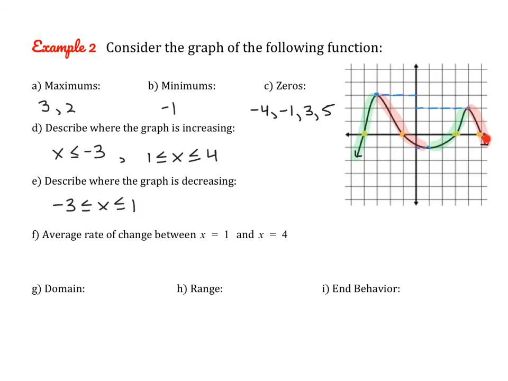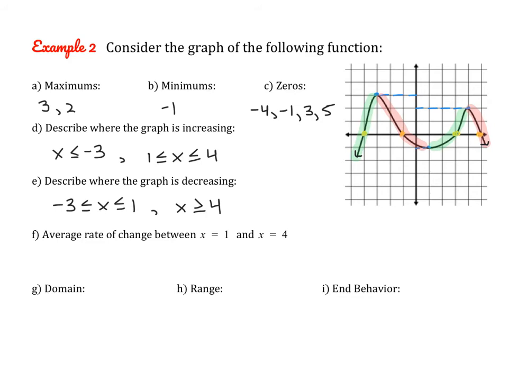And then we also need to describe this region on the right. This starts when x is 4, and it's going to continue everything to the right of that. We can describe that as x is greater than or equal to 4. That will describe this region infinitely. So again, increasing and decreasing we describe in terms of intervals of x values.